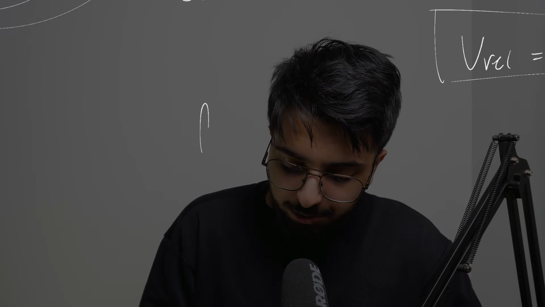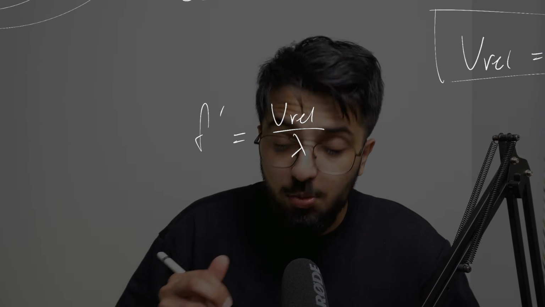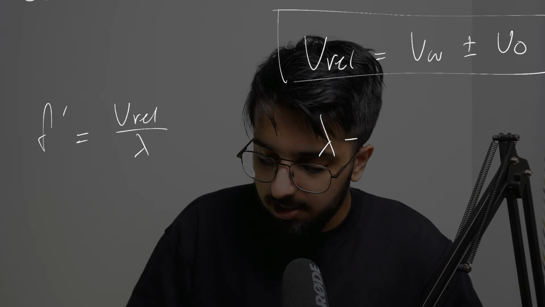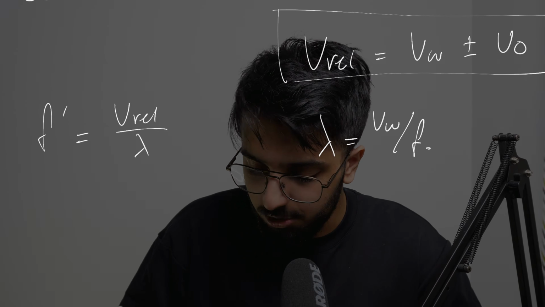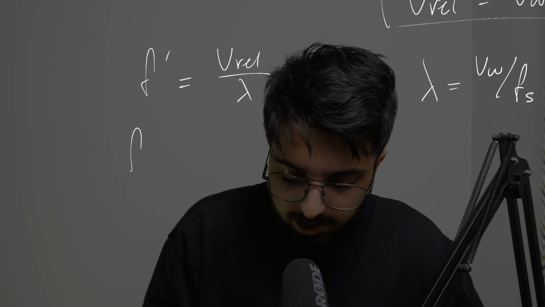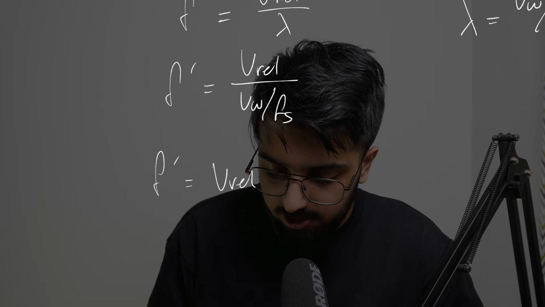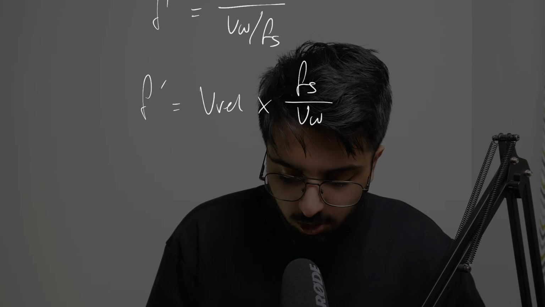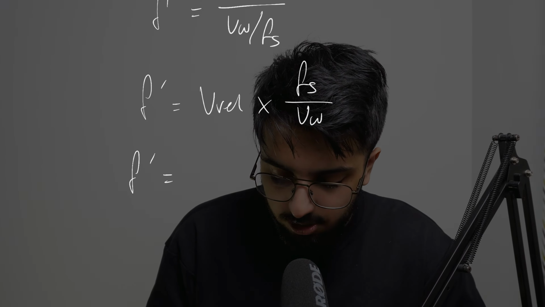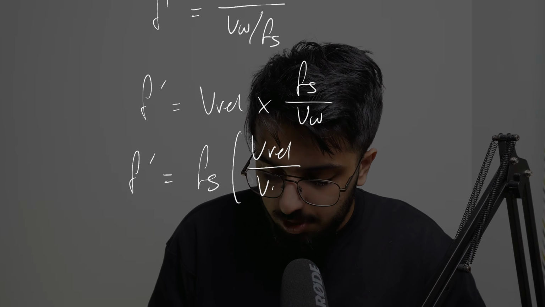Now, our observed frequency is going to be the relative velocity all over the true wavelength. And we know that the wavelength is equal to the velocity of the wave all over the source frequency. So we can make that substitution. Therefore our observed frequency is the source frequency times the relative velocity all over the wave speed.